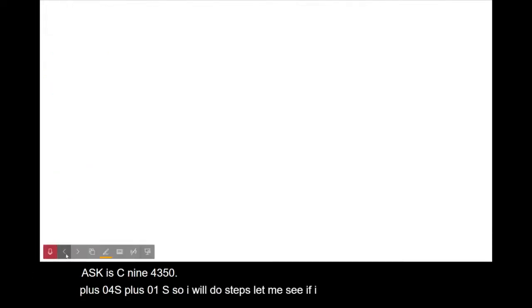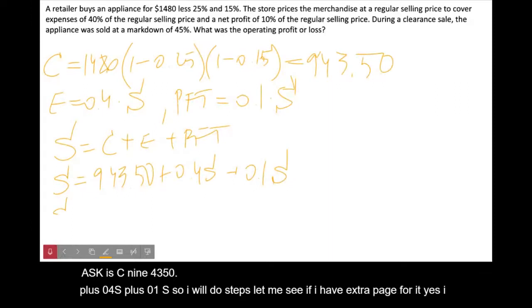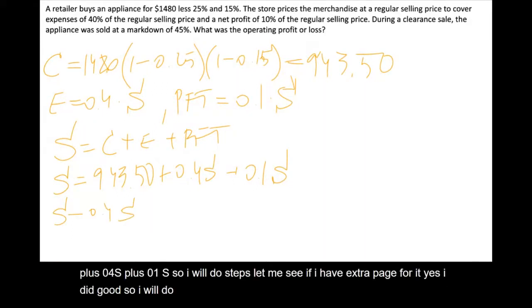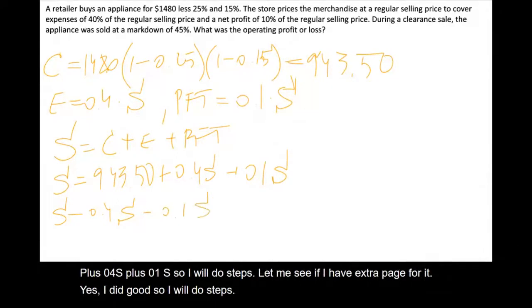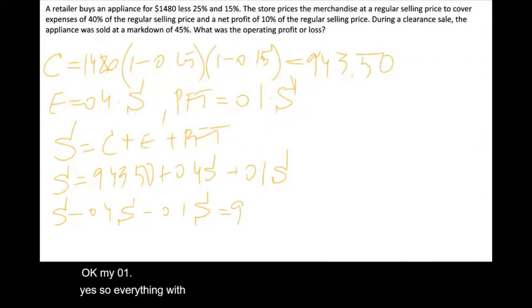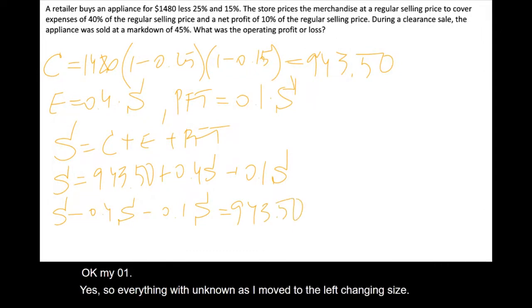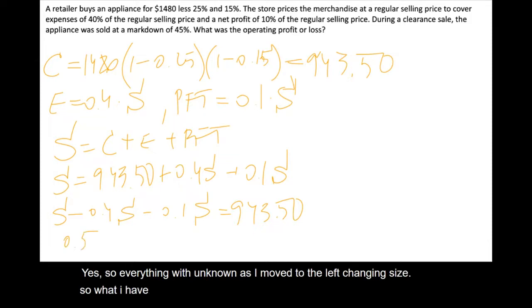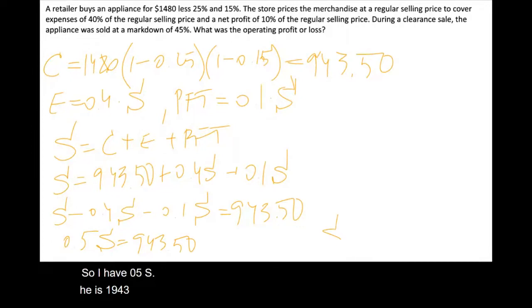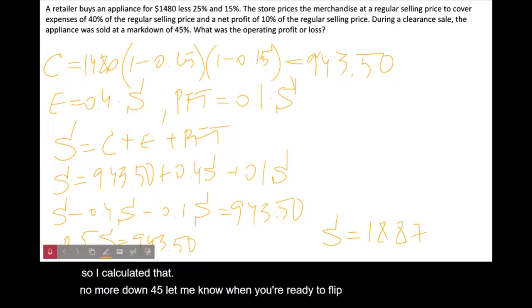Let me see if I have extra page for it. Yes, I do. Good. So I will do steps. Minus 0.1S. So everything with unknown S, I moved to the left, changing signs. So I have 0.5S is 943.50 and S is 1887. So I calculated that. Now markdown 45%. Let me know when you're ready to flip a page.